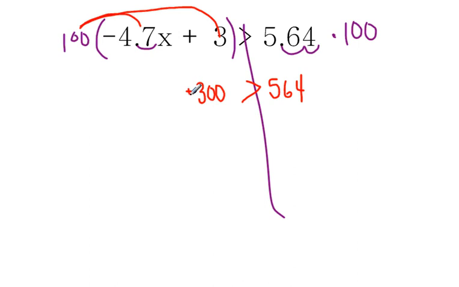And 100 times this, well, I'm going to move the decimal 2 times, 1, 2. I'm going to have a 0 there. Negative 470x. I'd like you to go ahead and finish this problem. I want you to be careful, though. I will let you know that at the end of this, you're going to end up dividing by a negative, which means this symbol at the very end is going to flip the other direction.